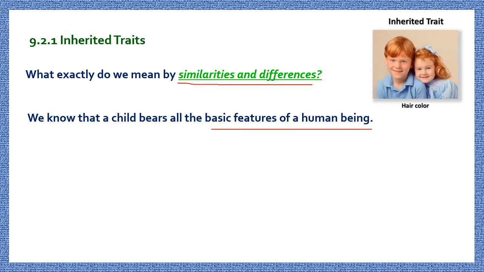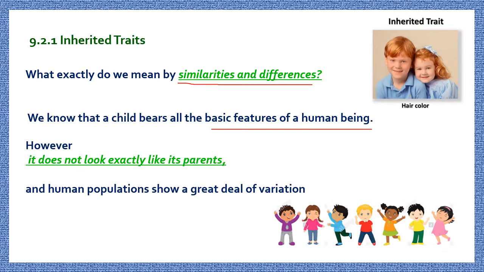Okay, these are all the basic features of a human being. So a child, whether it is a girl or a boy, bears all these basic features. However, it doesn't look exactly like its parents. There is a minute difference in every child.